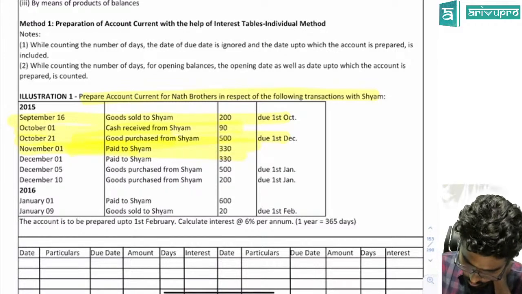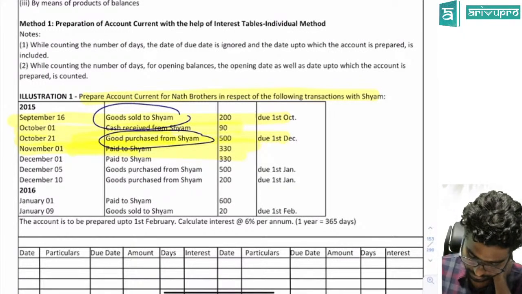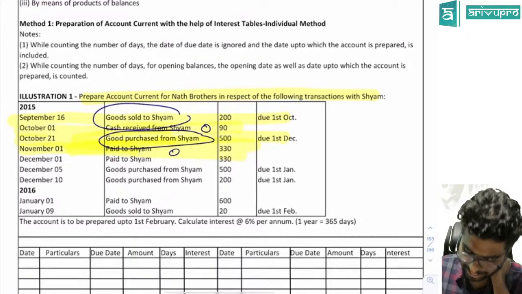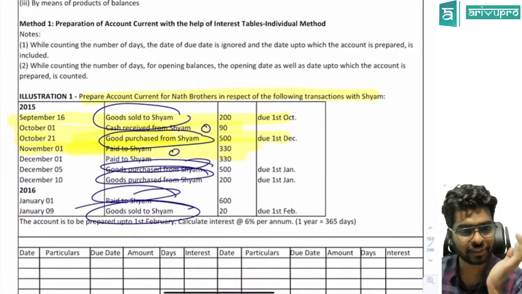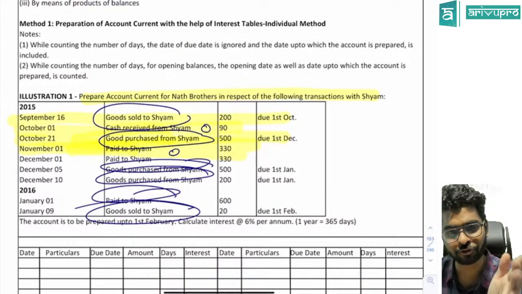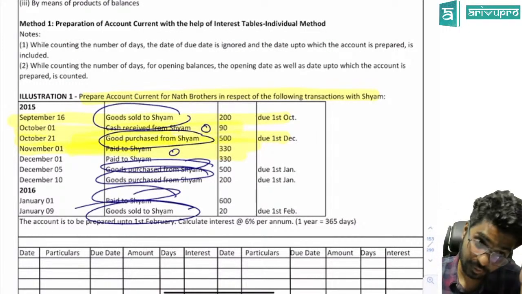See here, you are goods sold to Sham, goods purchased from Sham, cash received from Sham, cash paid to Sham, purchase, paid, sold. That means from a particular party, what you have to understand is you're buying and selling. Are you guys clear till now?